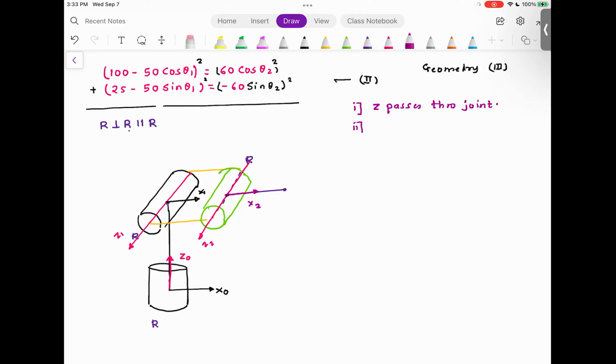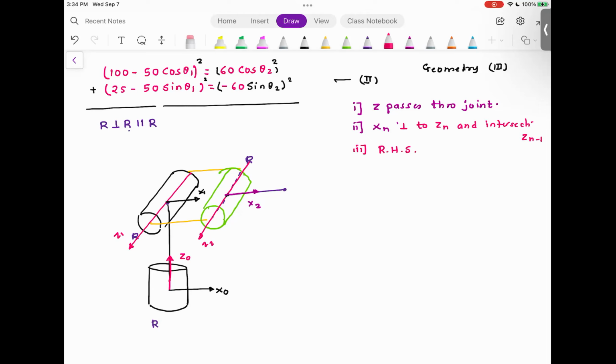Second, Xn has to be perpendicular to Zn and intersects Zn minus 1. And then right hand coordinate system.